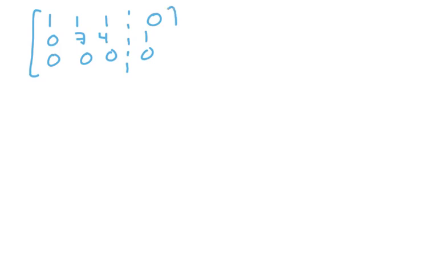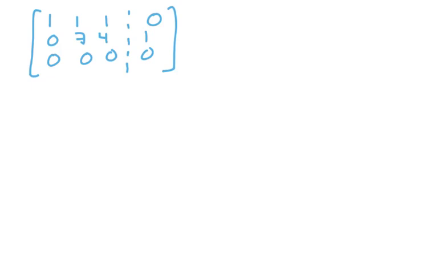So from here, this is the matrix I get. I get 1, 1, 1, 0, 0, 7, 4, 1, and then 0, 0, 0, 0. So we get something like this. Okay? Now, if we write out our system, we get the following. Oh, let's do one last operation.